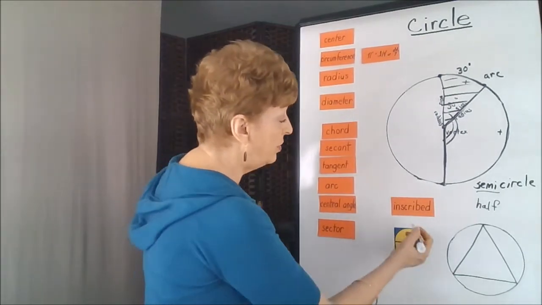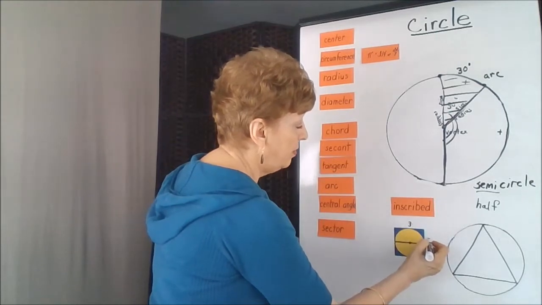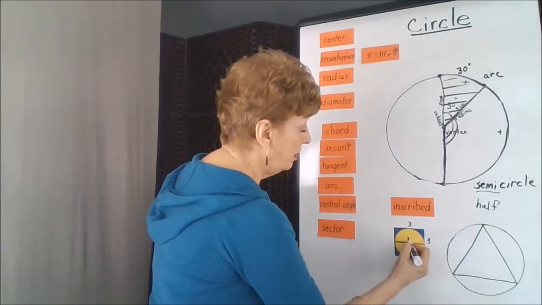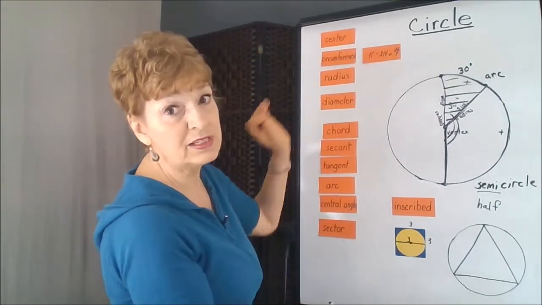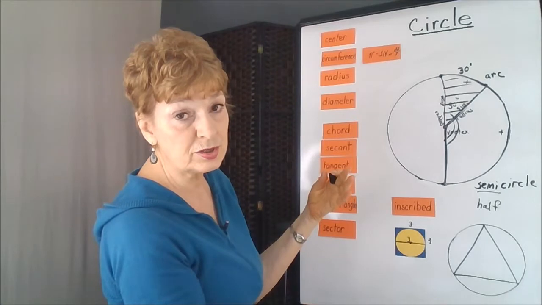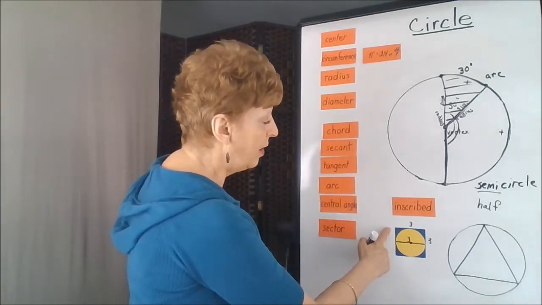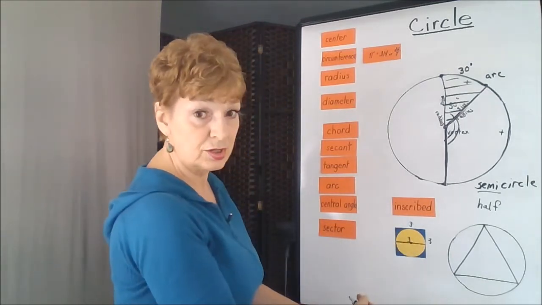So if we knew that this square was 3 by 3, we would know that the diameter would also be 3. So when we go to use our formulas for area of a circle or area of a square, we could figure out how much of this square was taken up by the circle.